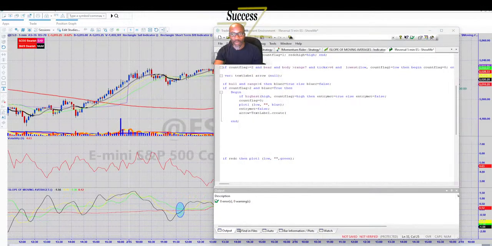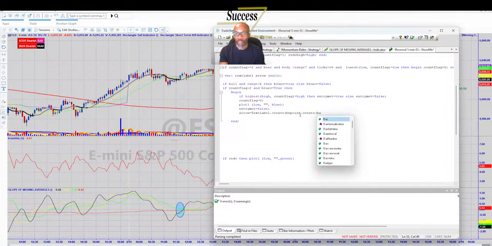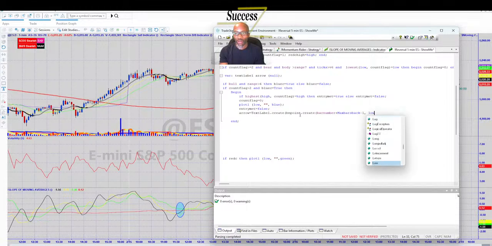Did I put that? I did put that. Bar number point dot create. Bar number plus max bars back minus 1, so bar number, and then location, do as low, and then what is it going to say?